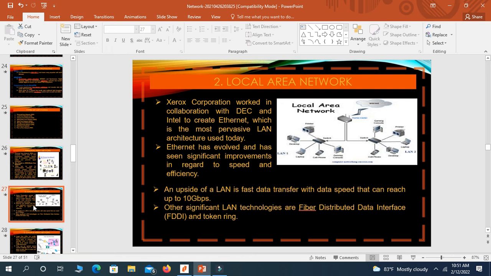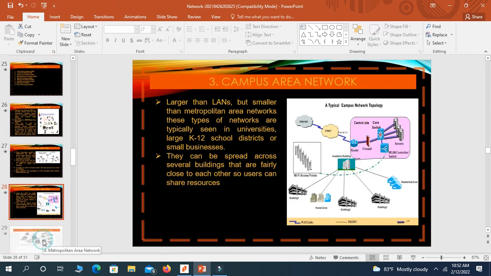An upside of a LAN is fast data transfer, with a data speed that can reach up to 10 Gbps. Other significant LAN technologies are fiber distributed data interface and token ring.